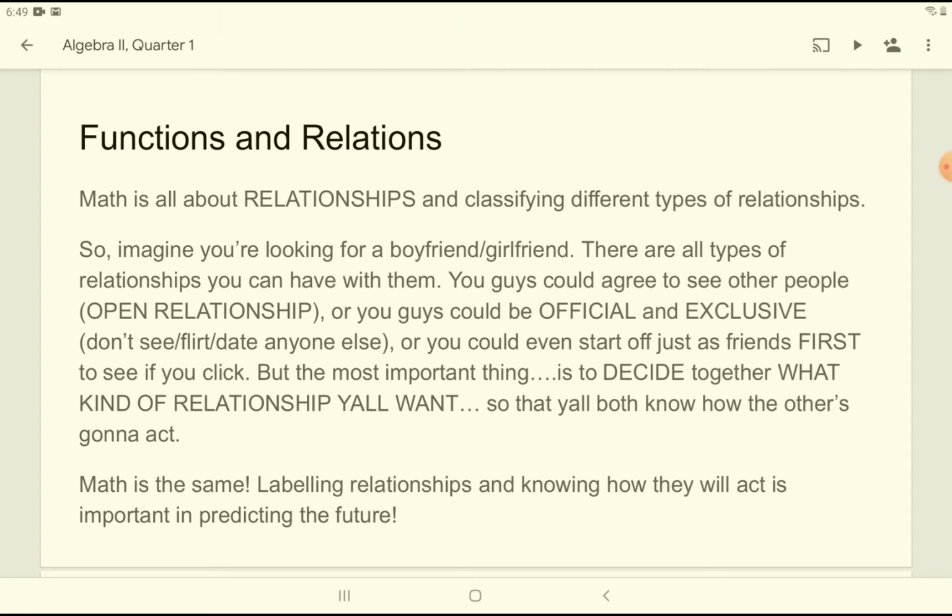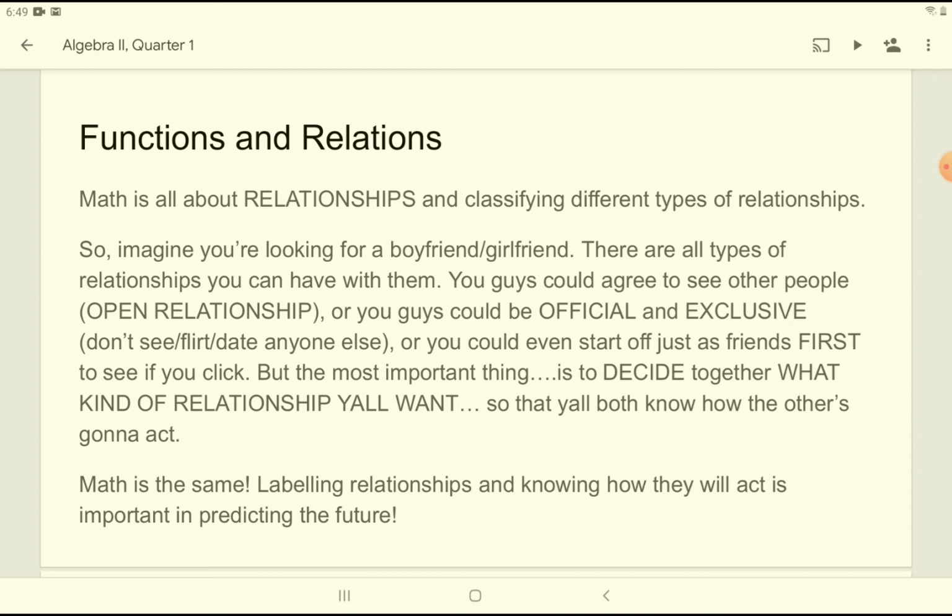Different types of relationships that exist in reality that people study that affect people's lives on a daily basis. So math is all about finding relationships, classifying, labeling relationships, understanding and predicting the future based on the relationships that are currently in our reality.